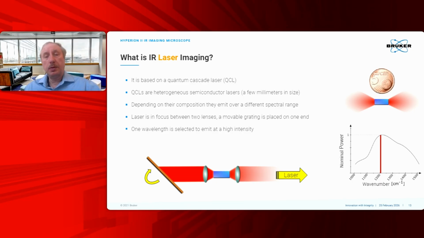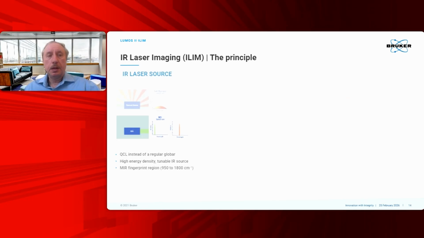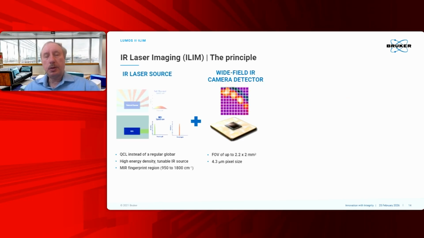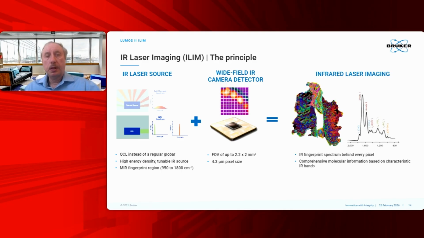Then we can change the wavelength and do another measurement, and so on. In the end, we get a full infrared spectral image of our sample. As I mentioned, our system combines both a focal plane array detector and a QCL-based source, so you can get very fast infrared imaging of your sample.